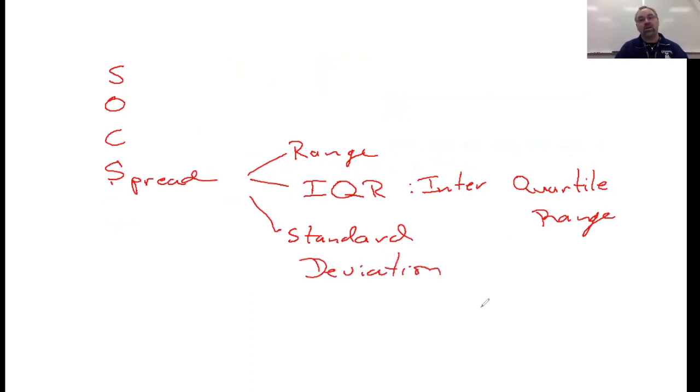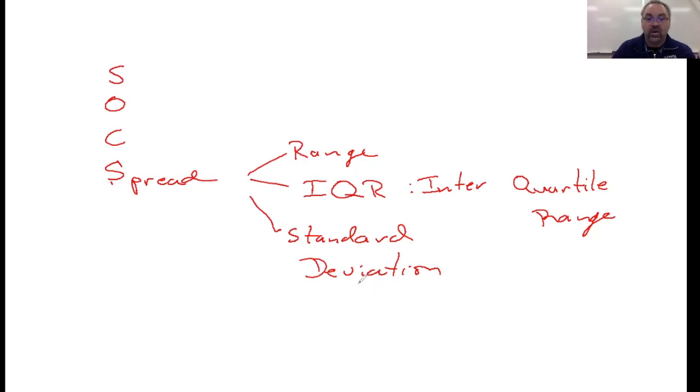And so what I want you to think about for standard deviation, if we have our data points and we look at them on, say, a dot plot, standard deviation is trying to average out, on average, how far away from the middle the data points are.